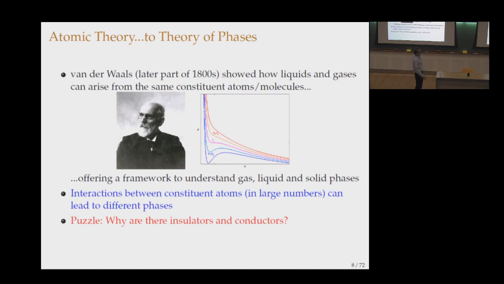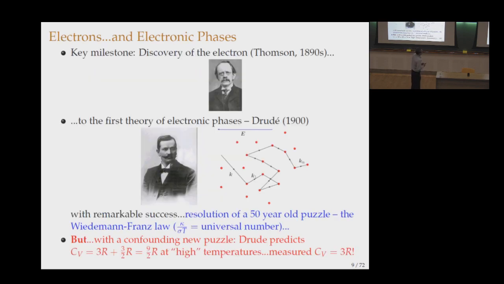So people started thinking about this, and there was actually no theory for it for a long time until Thomson discovered the electron, right? And then very shortly after that, there was a beautiful theory by Drude, which used the picture that electrons form a classical ideal gas, and was able to sort out a very old puzzle, old in those days.